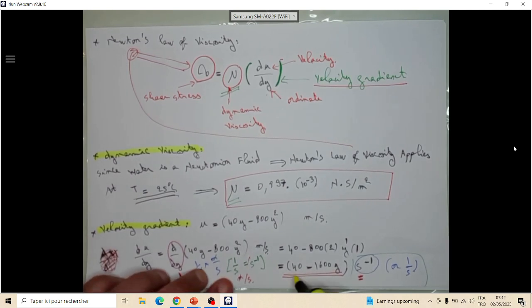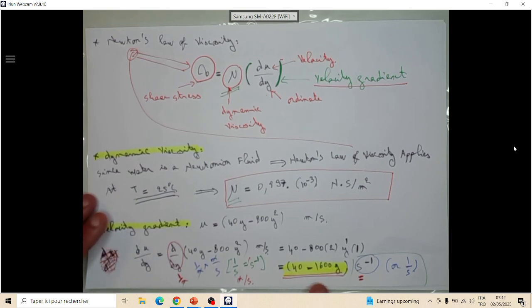It is equal to 40 minus 1600 y, and the unit is second to the power minus 1. So I will use this.